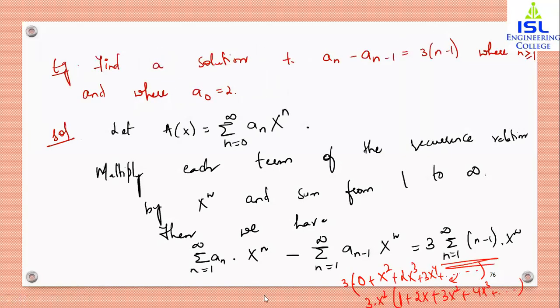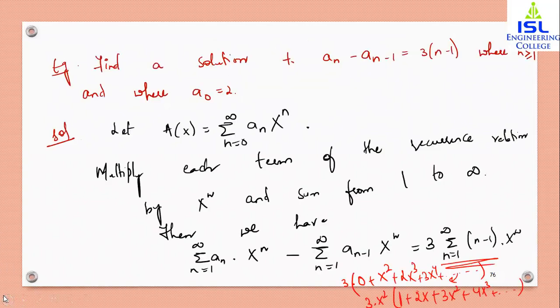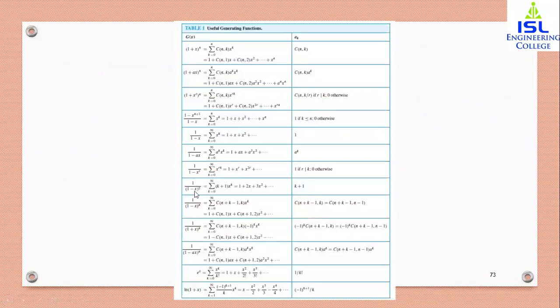So over here I have 3x square, and instead of the series I write 3x square by (1 minus x) whole square. Let's just verify once again. Yeah, this is the formula I am referring to. You have all these formulas in your textbook, please refer to the same.